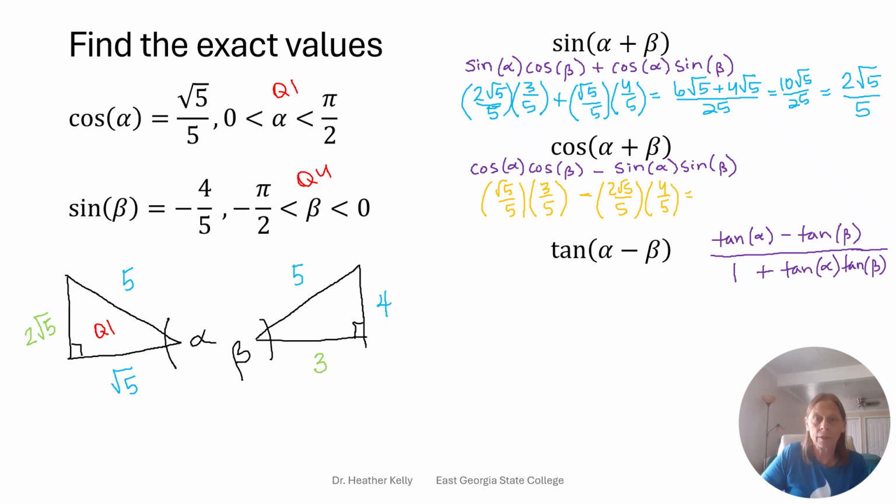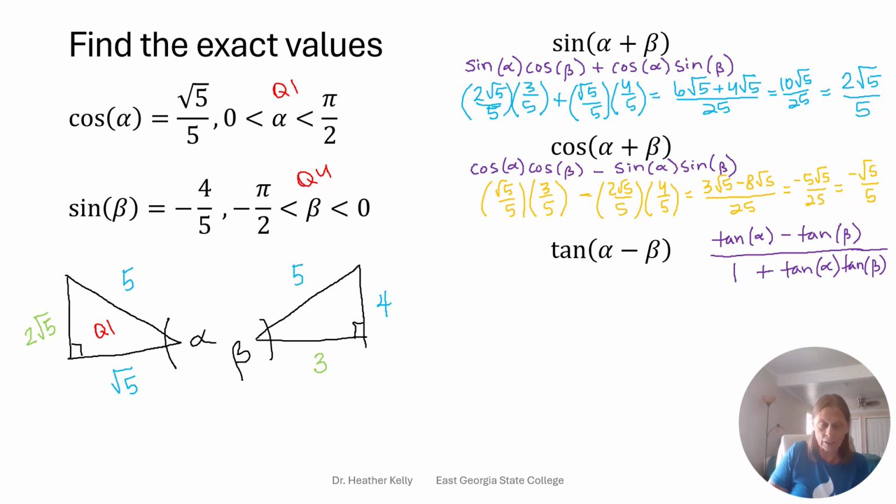So let's see what we get here. 3 root 5 minus 8 root 5 all over 25 gives us negative 5 root 5 over 25, which gives us negative root 5 over 5. Perfect.